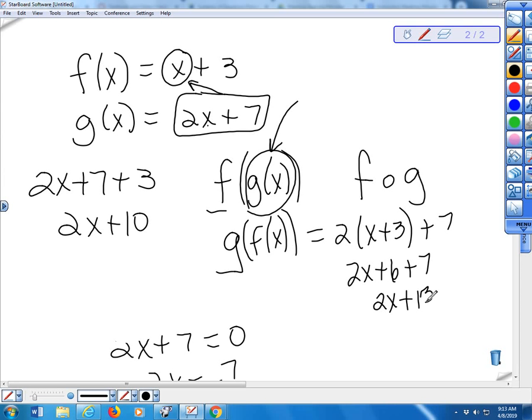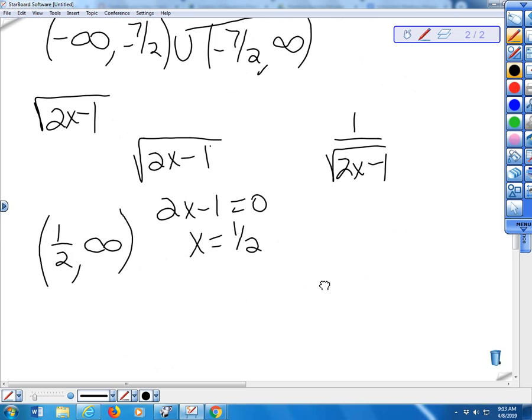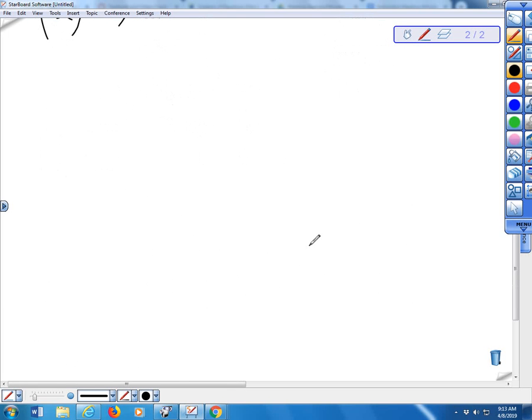Okay, let's do one that's maybe a little more complicated. F of x is the square root of x minus 8.